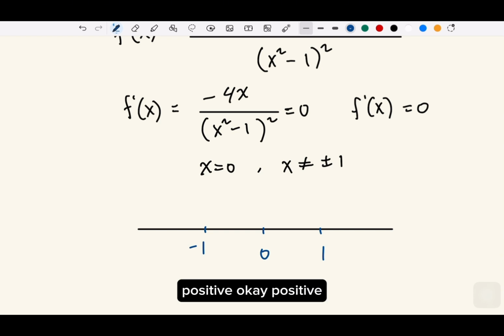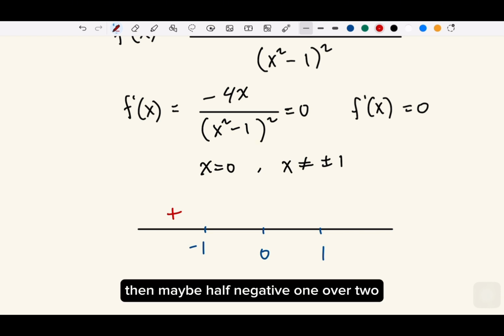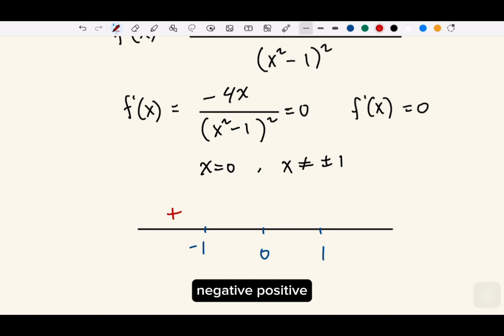Okay? So this will be positive. And how about negative 1 and 0? Then maybe half. Okay? Negative 1 over 2. Negative 1 over 2 here is positive. Negative 1 over 2 squared will become 1 over 4, which is less than 1, which is negative. Negative, positive.